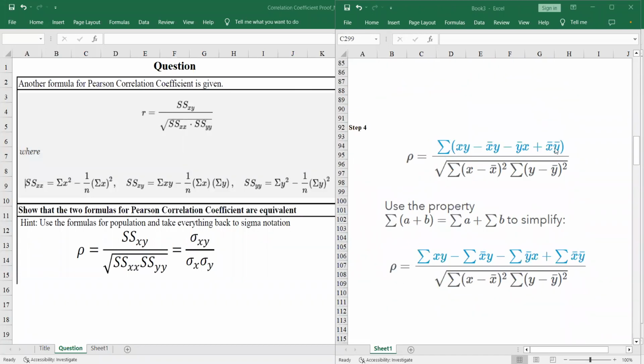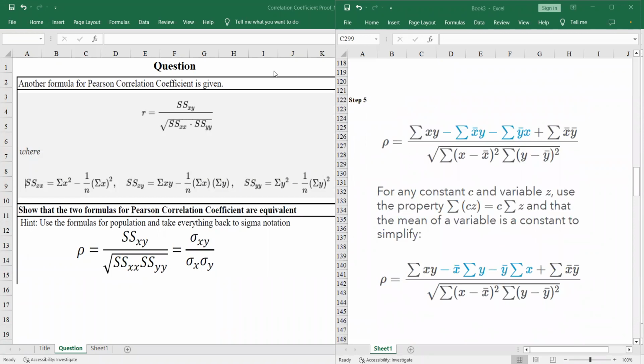Once we have this, we can use the summation property: summation of A plus B is equal to summation of A plus summation of B. So we have summation of xy, summation of x bar y, summation of y bar x, and summation of x bar y bar. We have 4 summation signs, each with one component.